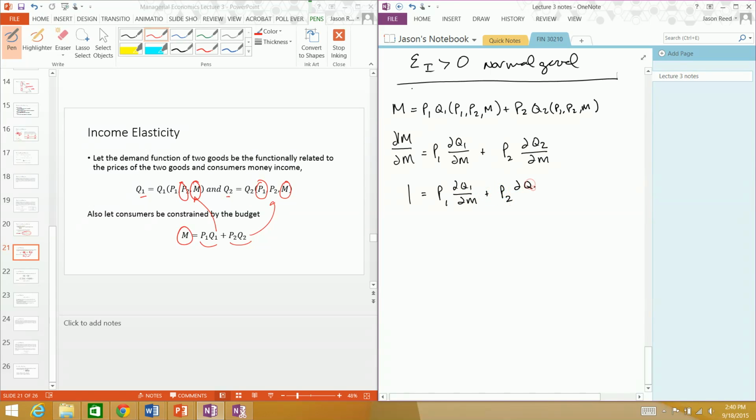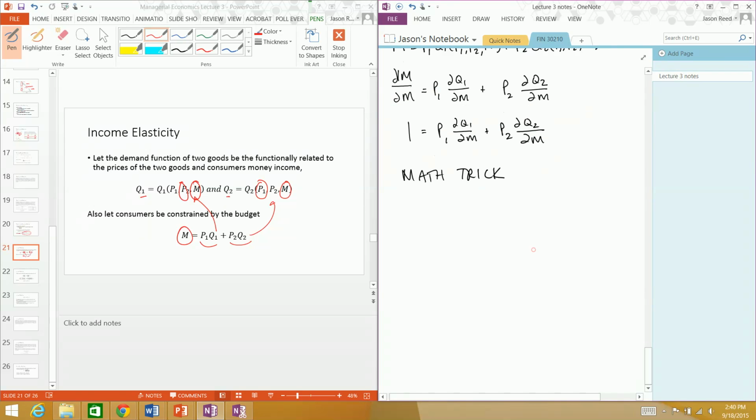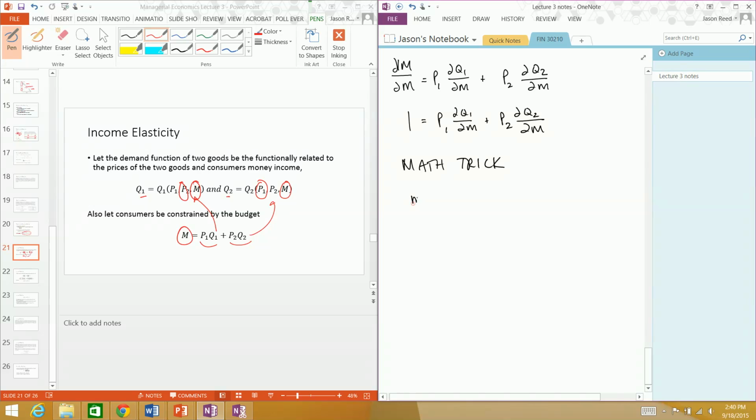And this equality is going to have to hold for us the entire time. Now here comes a math trick. The math trick is that we can essentially multiply and divide by the same value. And when we do that, nothing changes.